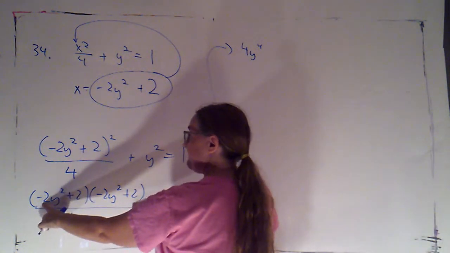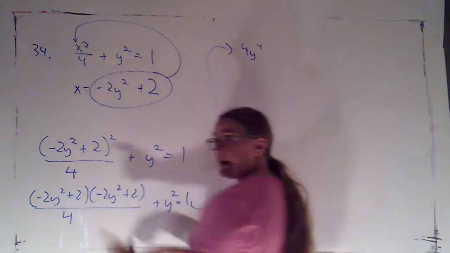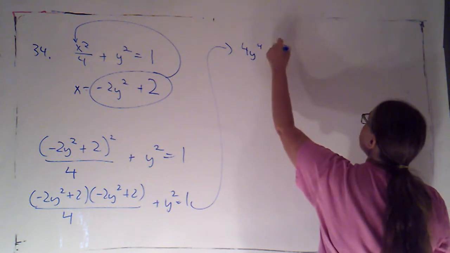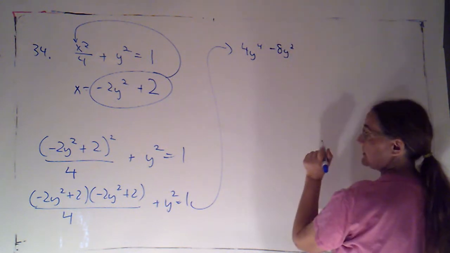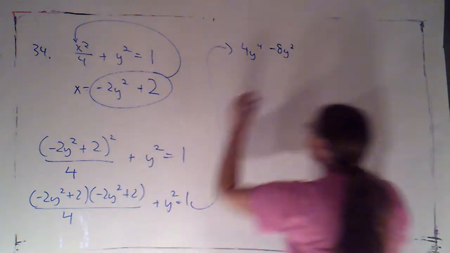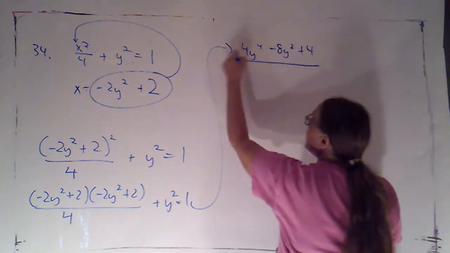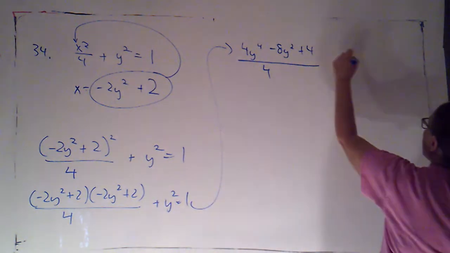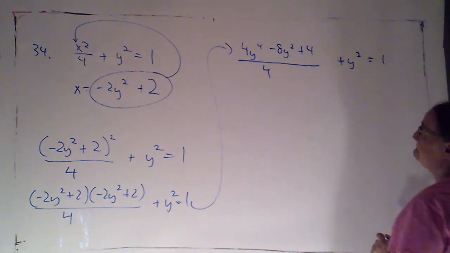Outsides give me negative 4y squared. Insides give me a negative 4y, another negative 4y squared. So that's a total of negative 8y squared. Last terms give me plus 4, and all of that was over 4. Plus y squared equals 1.